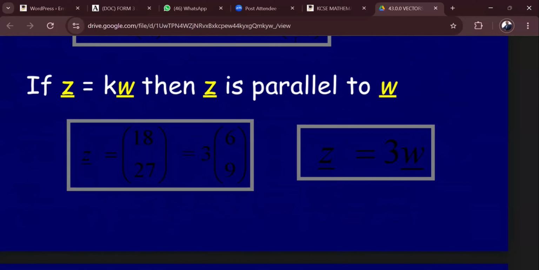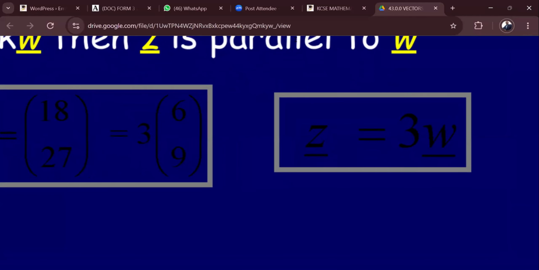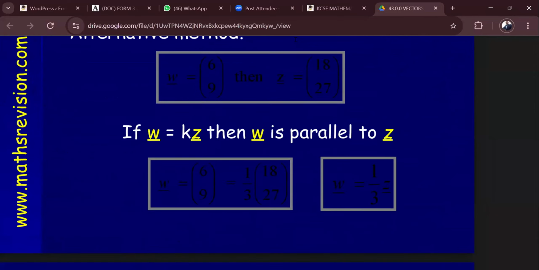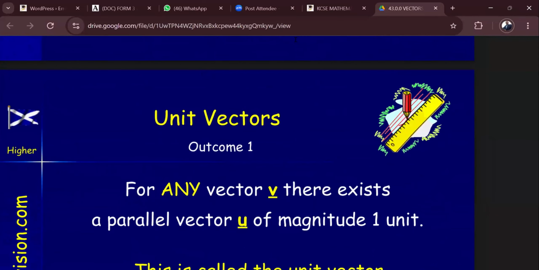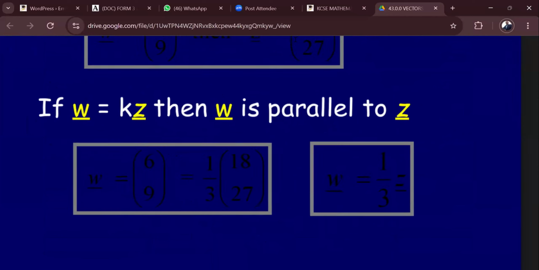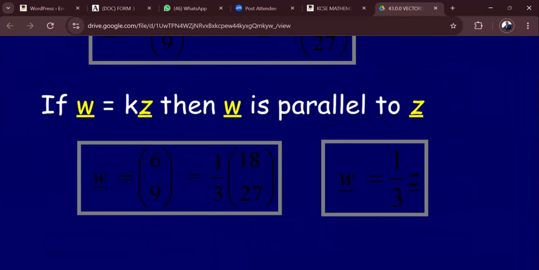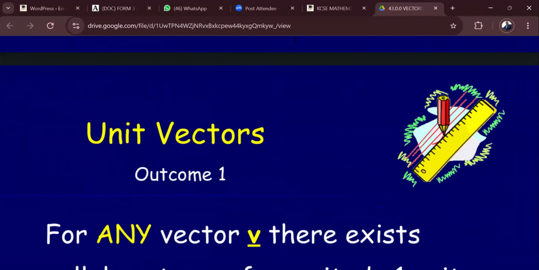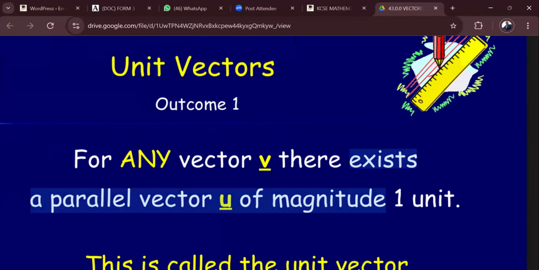You have to multiply both X and Y. If Z was 6, 9 and you want to open with a scalar 3, you multiply 3 by 6, then you must also multiply 3 by 9 to get 18, 27. Okay? Opening by scalar, a third of vector 18, 27 will take you back to 6, 9. It's just like opening brackets. I may not stay for long there because I know that is straightforward.